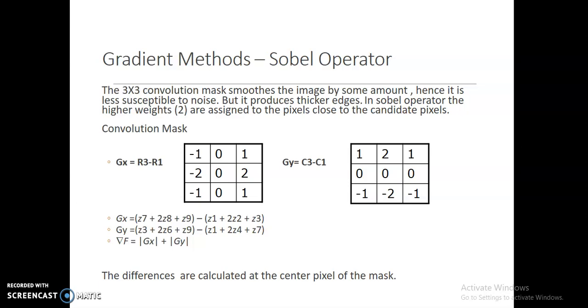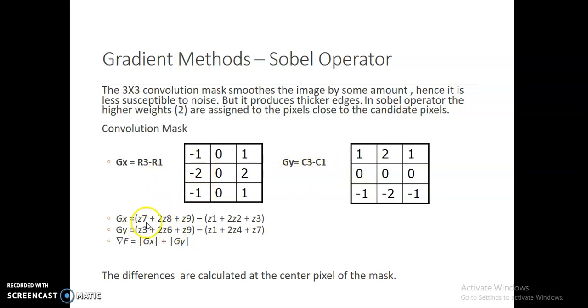So in Sobel operator, we assign higher weights to the pixel that is closer to the candidate pixel. Again the procedure is the same.